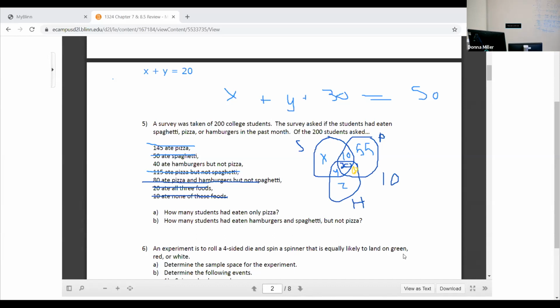Now I have the ability to solve it. I may not like it, but I have the ability to solve it. So if I do 200 minus 155, it's 45. All right, let me go write this down for these guys. If I add all these up, and there were 10 on the outside, 60, 80, 90, 100, 155, so X plus Y plus Z. If I add up all the numbers, I have to add the 200, because 200 people took the survey.